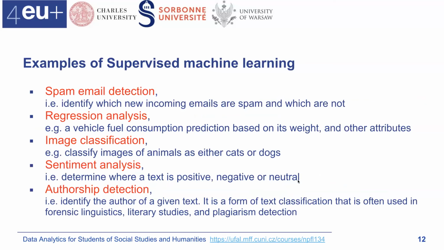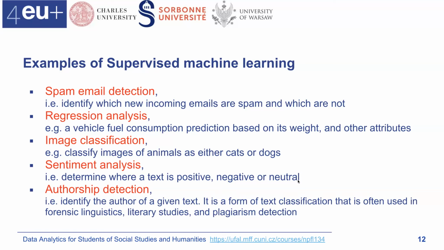Here is a list of examples of supervised machine learning tasks. As I already presented, the task of spam email detection: the goal is to identify which new incoming emails are spam and which are not. Then regression analysis.